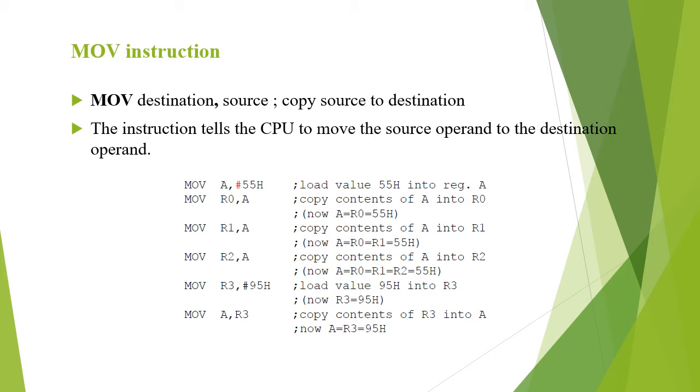Here the source value is copied to the destination, that is, the value of the source is moved to the destination. So the instruction will tell the CPU to move the source operand to the destination operand. Let us see an example of code.